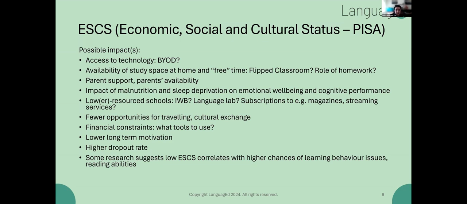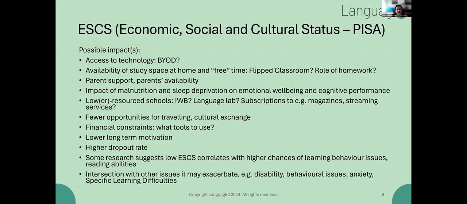Also, some research suggests that a low ESCS correlates with higher chances of learning behavior issues and with lower reading abilities. And you always have to consider the intersection of coming from this kind of background and other issues. Coming from this background may exacerbate other factors such as disabilities or behavioral issues, anxiety, specific learning difficulties.